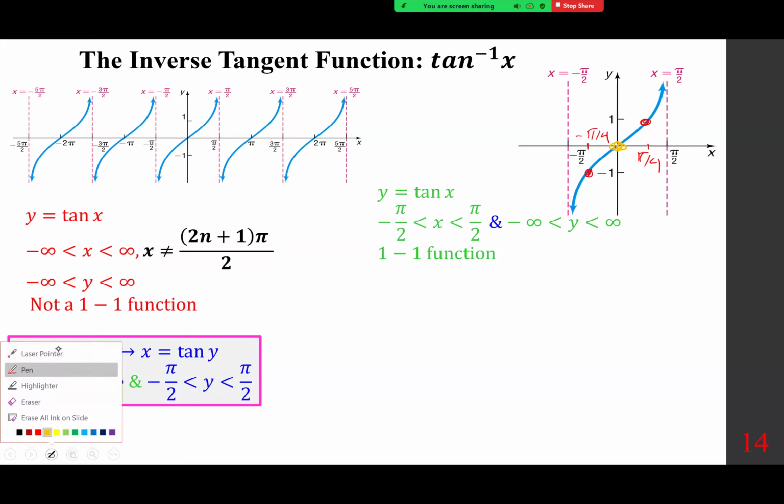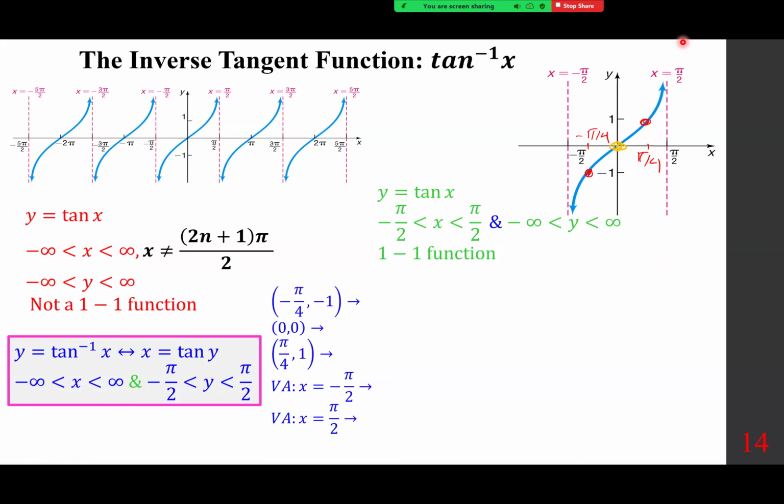So we have those three pairs, and we have the vertical asymptotes x equals minus pi over 2 and x equals pi over 2. We write those. So interchange, you get -1, pi over 4, you get 0, 0, you get 1, pi over 4. Vertical asymptotes become horizontal asymptotes: y equals minus pi over 2, y equals pi over 2.